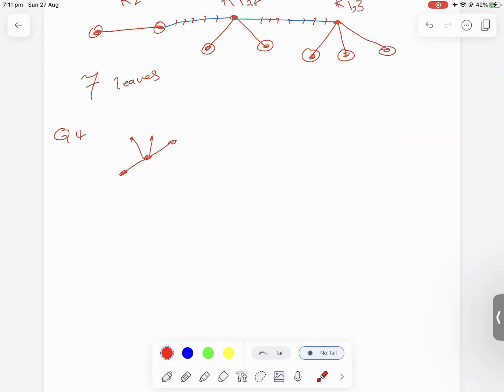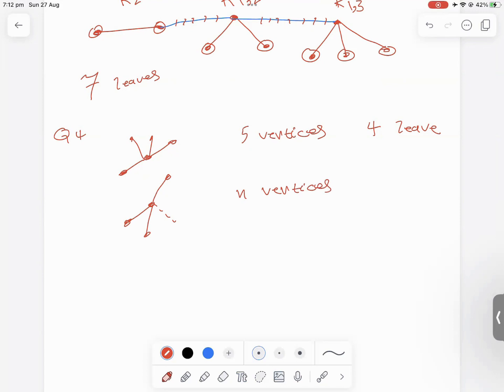So this will be 5 vertices, and we have 4 leaves. And so we can have n vertices and n minus 1 leaves.